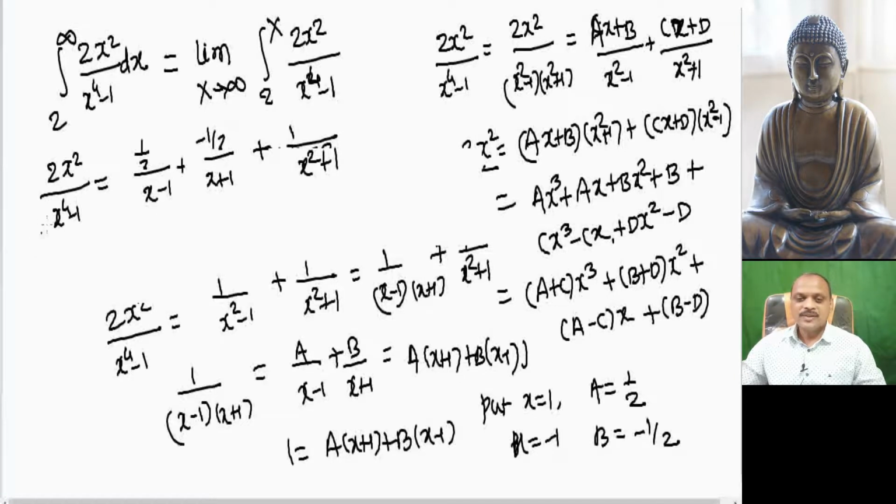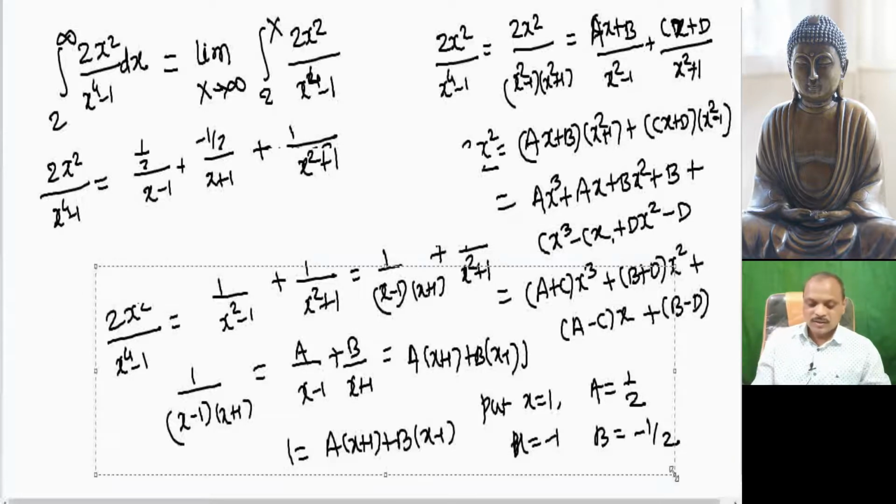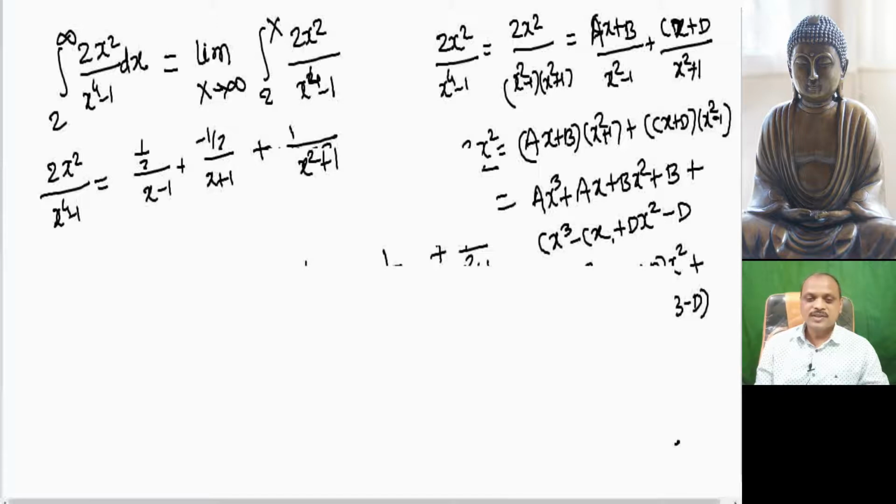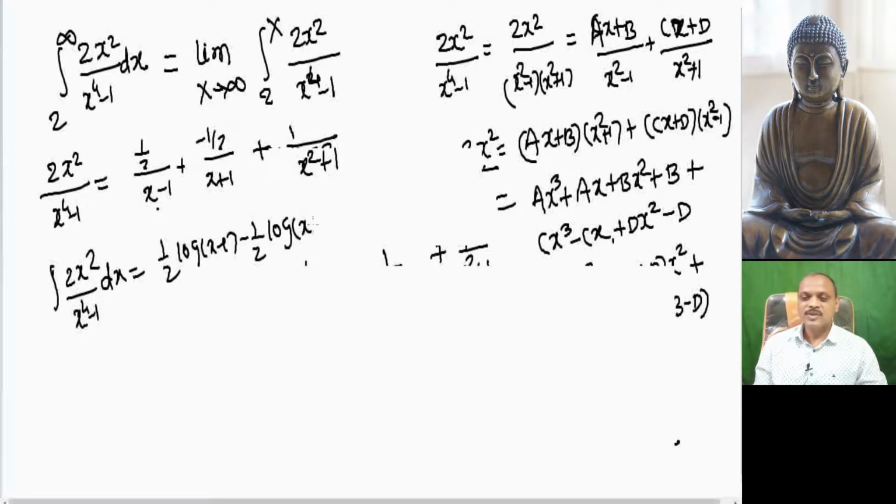Integration of 2x square divided by x raised to 4 minus 1 dx is equal to 1 by 2 into log of x minus 1 minus 1 by 2 log of x plus 1, and integration of the last term is tan inverse of x.